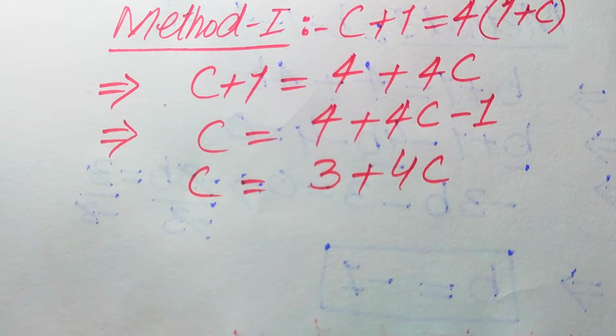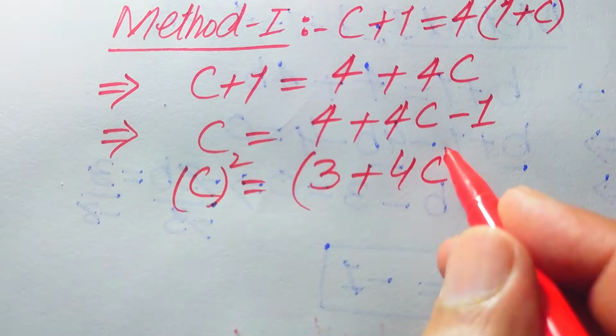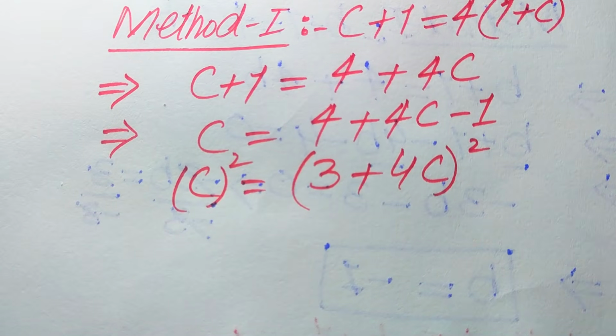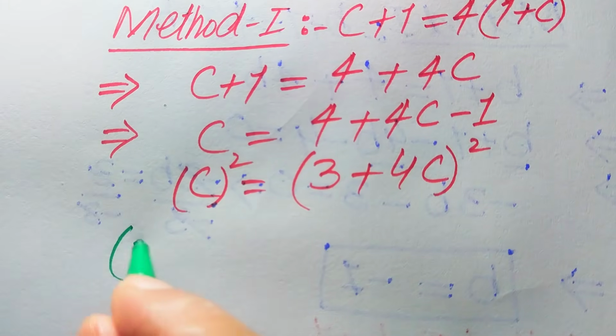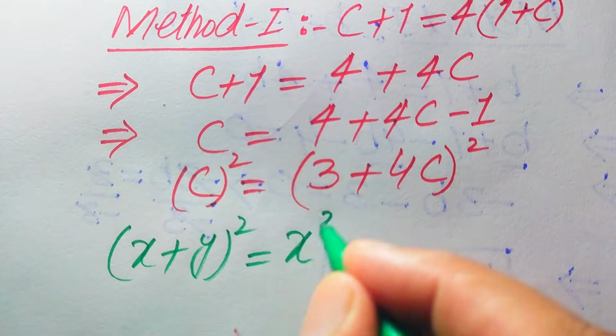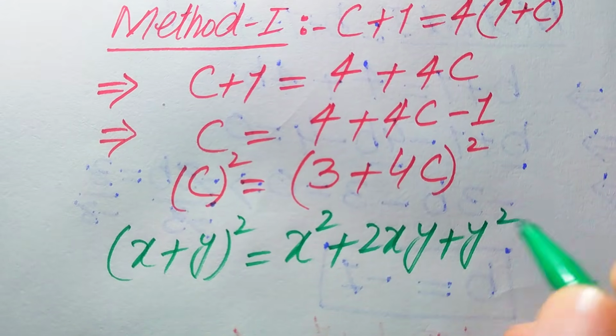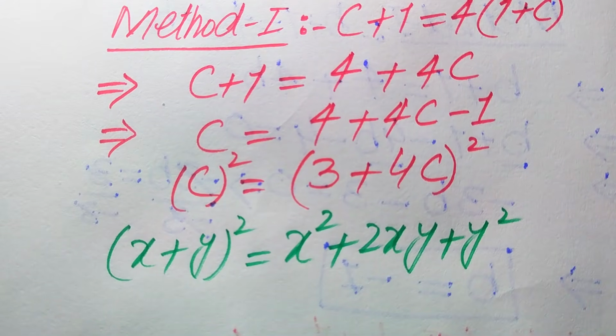And in the left hand side we have c only. Now for all the values of c we need to take a square on both of the sides. Now we use the nice algebraic formula you know about: (x + y) whole square equals x square plus 2xy plus y square.